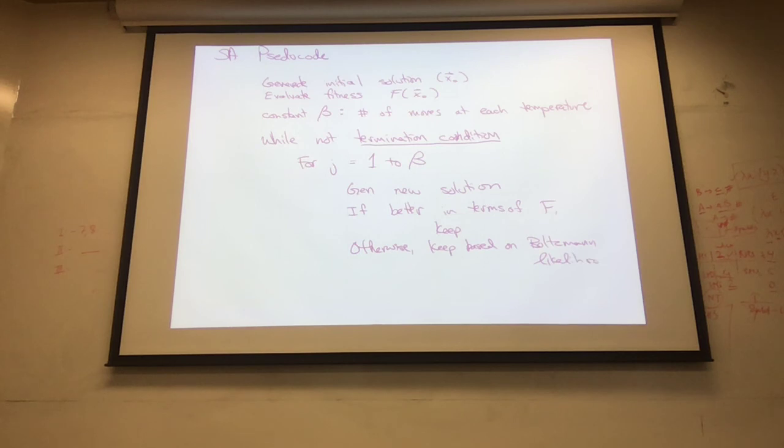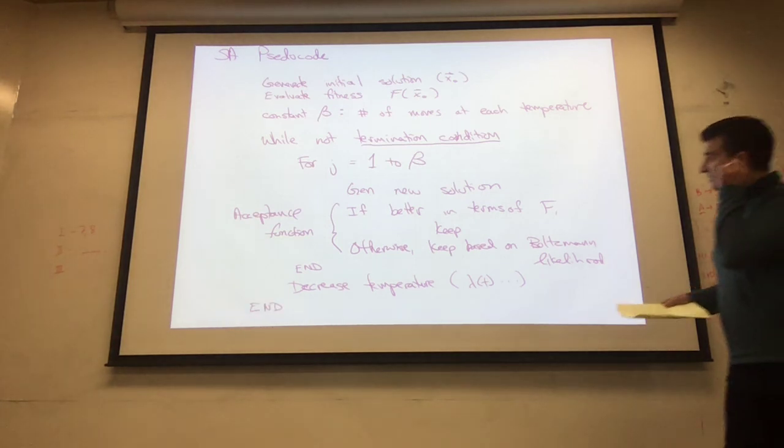So this is just that acceptance function from the previous page. And then you just iterate that for those beta times. And then after that, you decrease the temperature a bit. So decrease temperature. And that's just your lambda update rule, whatever that is. And that's it.